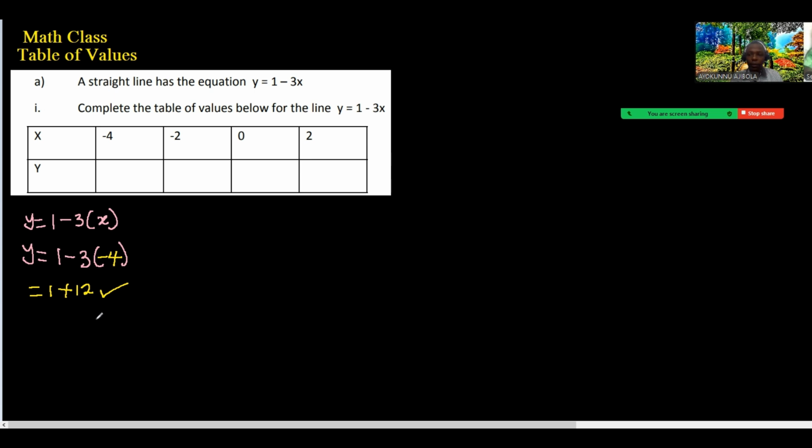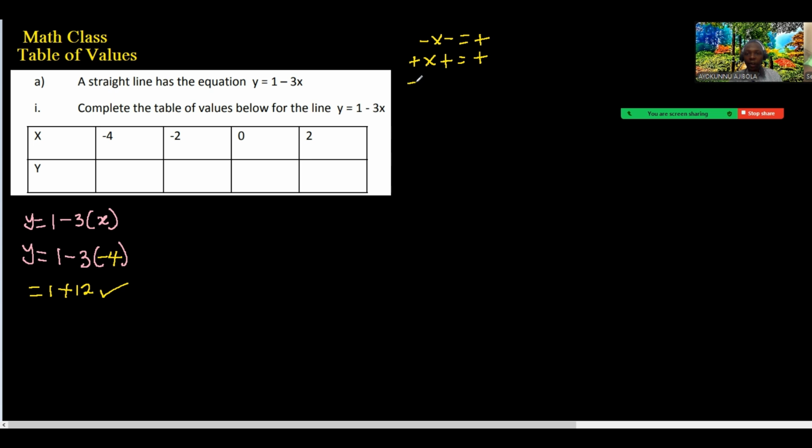When you're multiplying two numbers, because the -3 and -4 are being multiplied, that's the essence of the bracket. So when you multiply negatives, you get a positive sign. Take note of this: negative times negative gives us positive. And the same way, a positive number times a positive number is also positive.